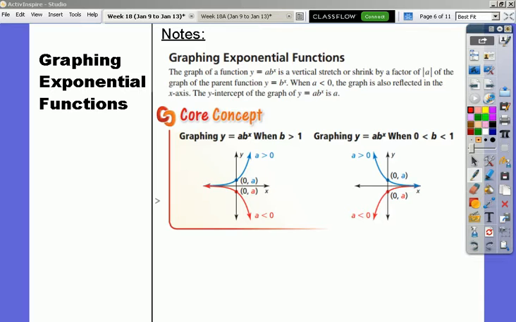Is a negative in front of that constant value, does that stretch or shrink our graph at all? What does it do? It reflects it. Right, so if I have something like, for example, y equals negative 2 times 2/3 to the x, what transformations are happening?